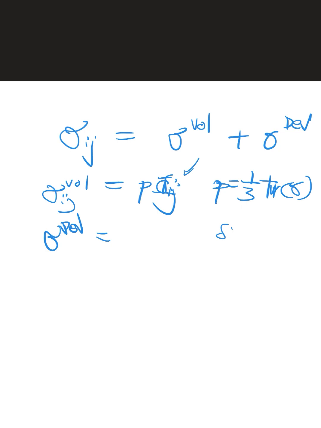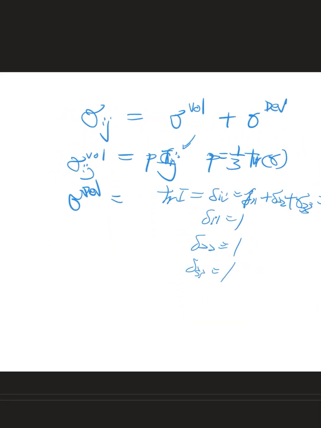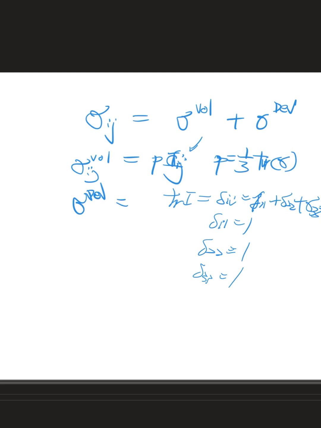Delta ii corresponds to 1, for example delta 1 equals 1, delta 2 equals 1, delta 3 equals 1, and delta ii, strictly speaking, is delta 1 plus delta 2 plus delta 3, which equals 3. That one is equal to the trace of the identity.